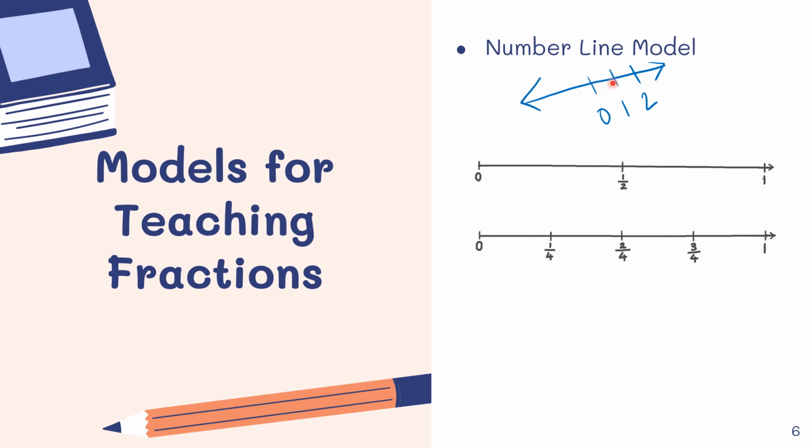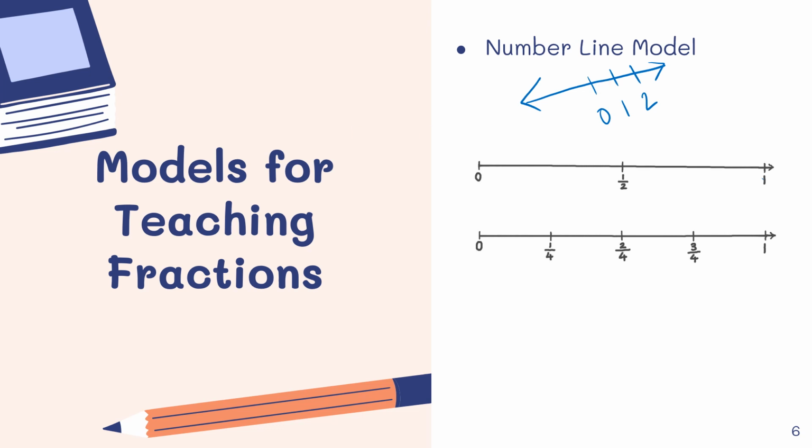So in between 0 and 1, we would have the number 1/2, or the number 1/4, or the number 1/3. And then as we move past 1, we might have 1 1/2 or 1 1/3, 1 2/3. So using the number line model, we can emphasize that each little space in between these numbers also represents one of our rational numbers.